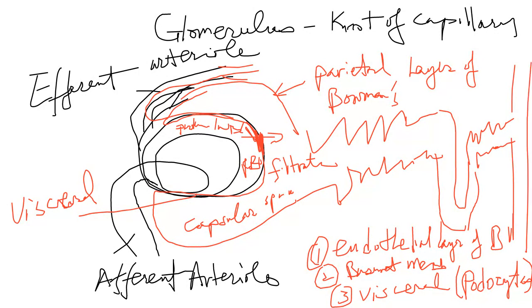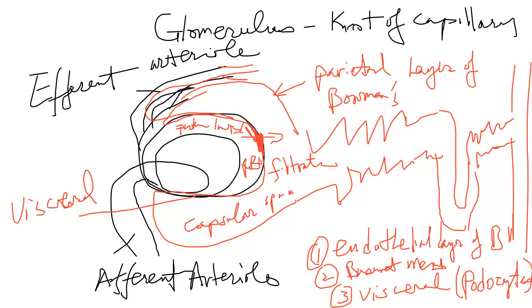So your job also is to trace the filtrate flow. Filtrate flow starting from the Bowman's capsule to the proximal convoluted tubule, to the loop of Henle, to the distal convoluted tubule. Okay. So that's the filtrate flow.